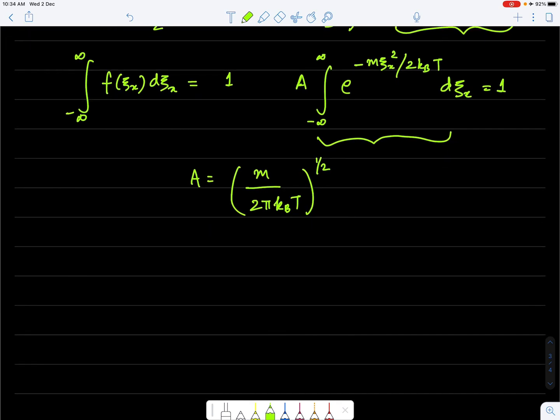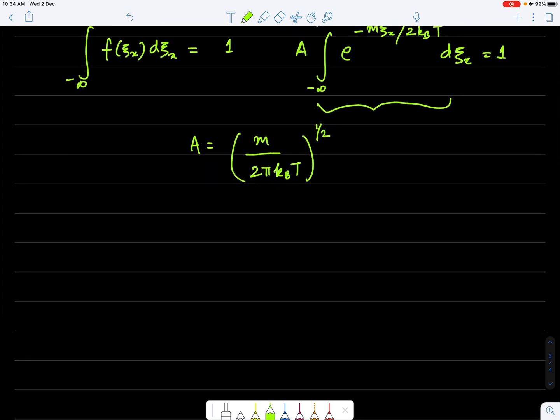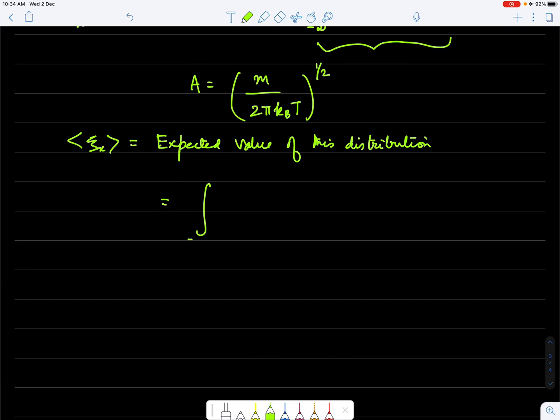So that gives me the distribution function. Secondly, if I want to calculate, let's say, the expected value of this distribution, so expected value is sort of like the mean value of this distribution, so that would be the integral from minus infinity to infinity of ξx f(ξx) dξx.